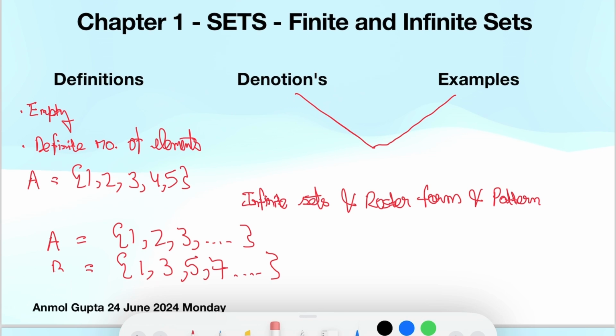C is equal to dot dot dot minus 3, minus 2, minus 1, 0, 1, 2, 3 dot dot dot.